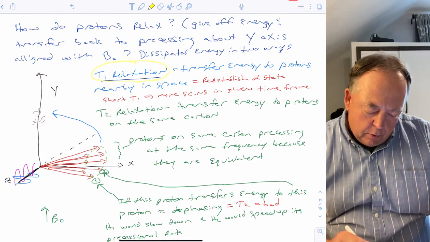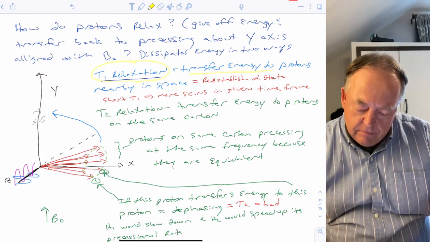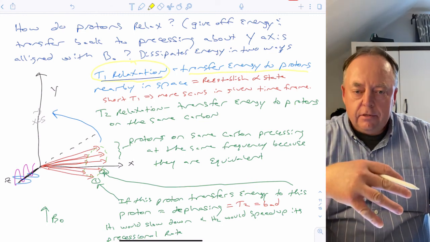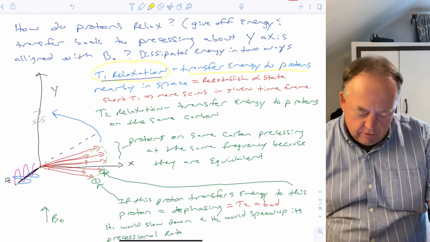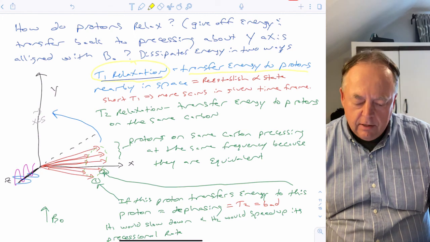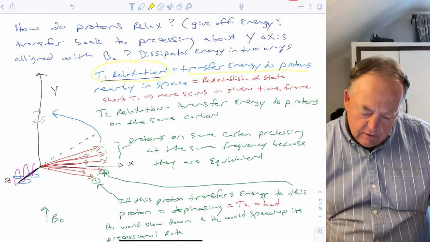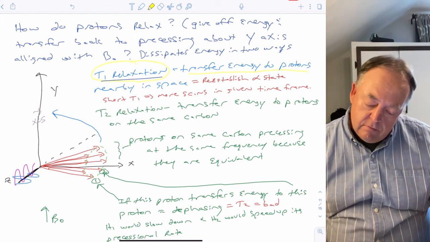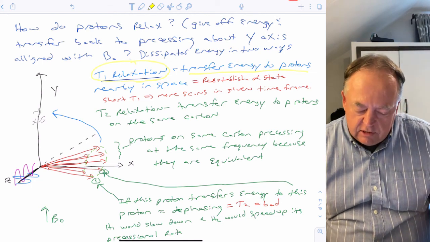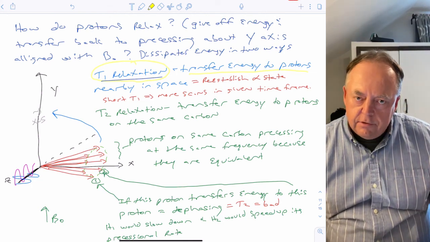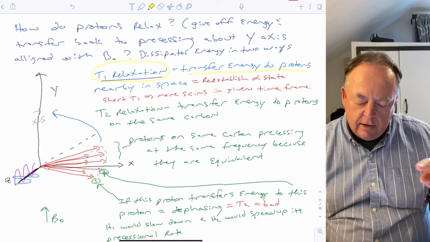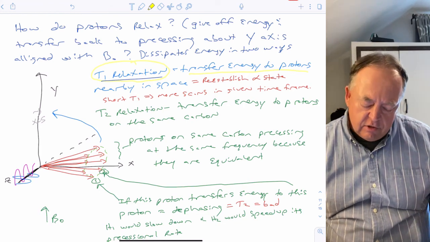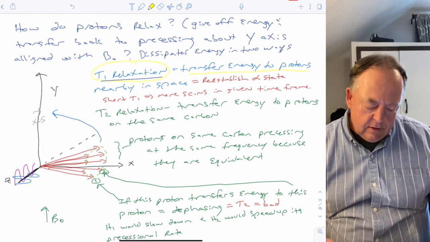This is where the protons transfer energy to protons nearby in space, the ones that are not on the same carbon as themselves. It doesn't have to be to other protons, they can transfer the energy to something else rather than the hydrogens on that same carbon. That's T1 relaxation.